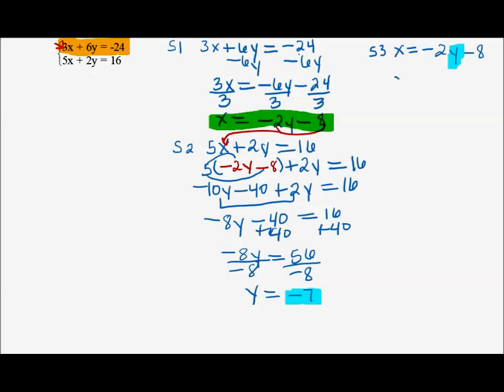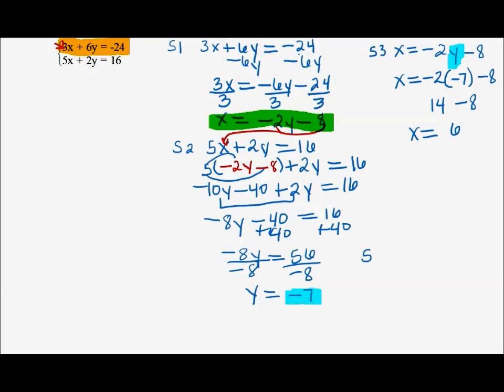So this becomes x equals negative 2 times, now that I know y is negative 7, I replace it with a negative 7 minus 8. Well, negative 2 times negative 7 is a positive 14 minus 8. 14 minus 8 will give me 6. So I have x is equal to 6, y is equal to negative 7.